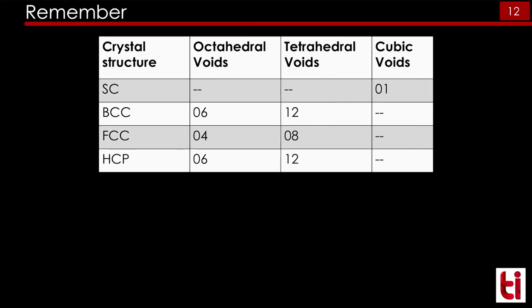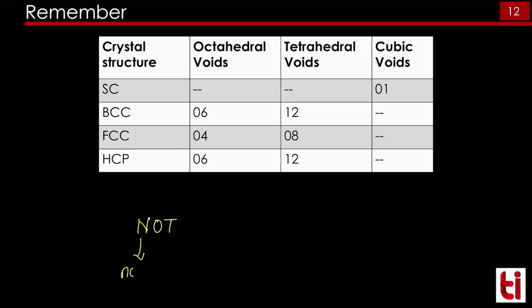Different voids in simple cubic, BCC, FCC and HCP are shown here. So for BCC you have 6 octahedral voids and 12 tetrahedral voids. If you want to remember this, there is a formula for that. We will use it like NOT.